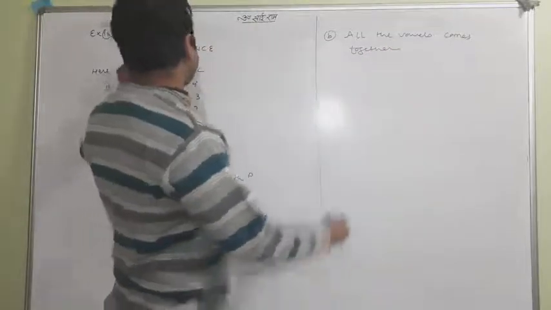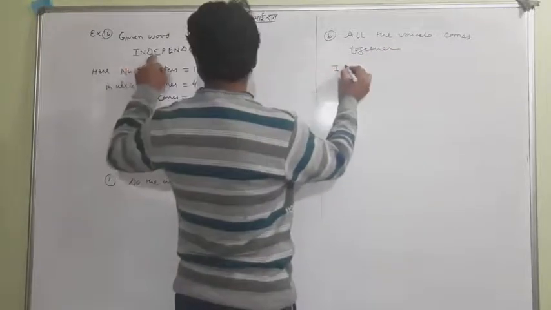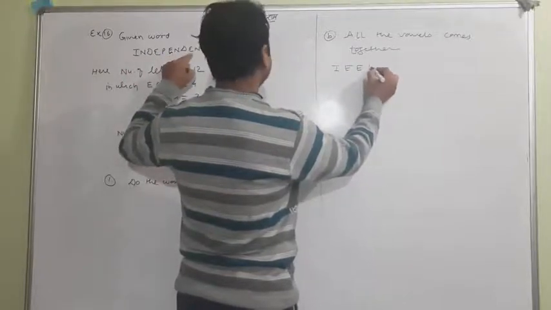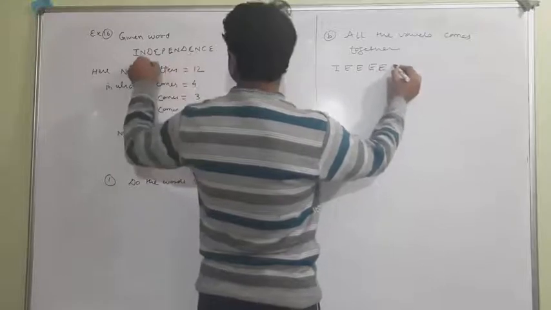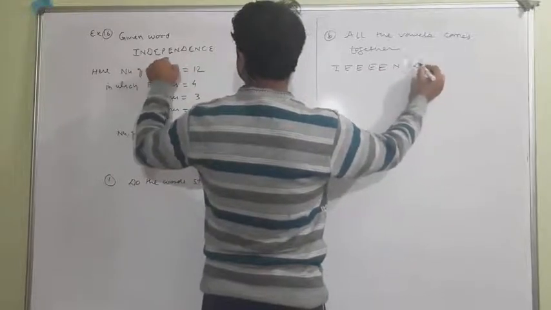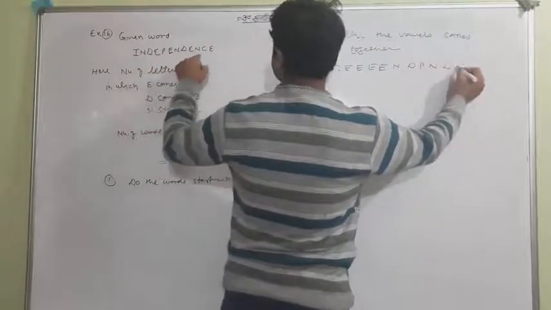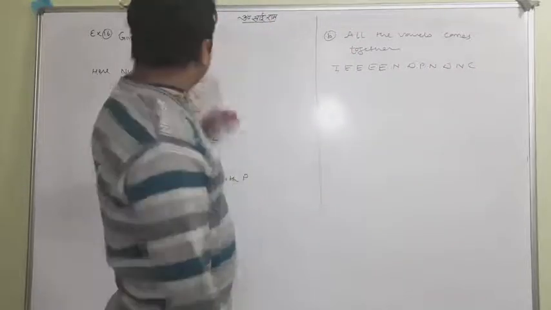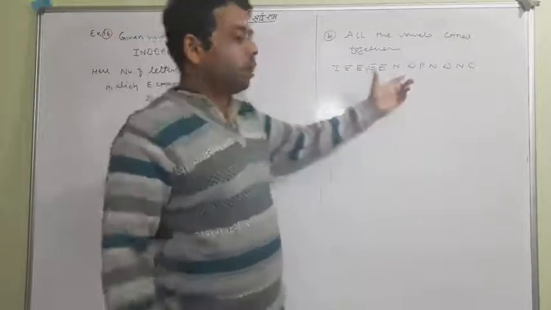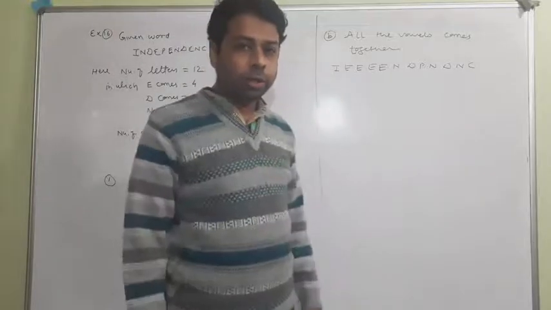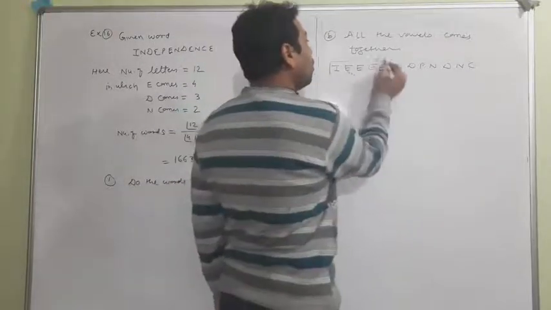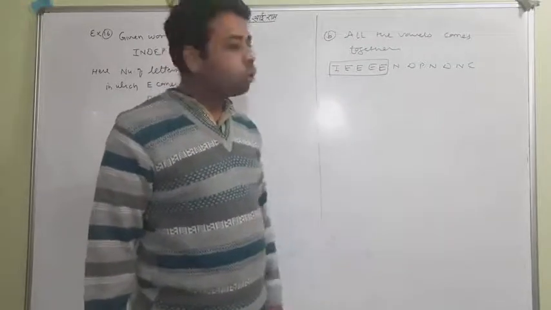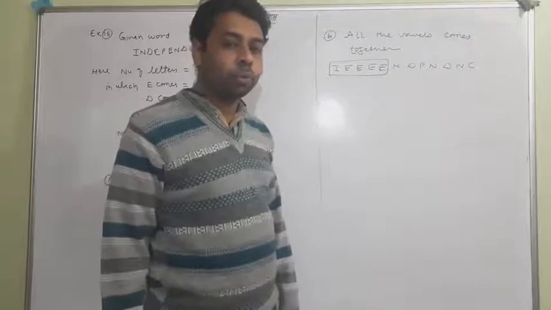I will write I, then E, E, E, E, then N, D, P, N, D, N, C. Actually, I wrote the word in a different order so that I could keep all vowels together. The question says all vowels together, so I don't think it's a tough one, because you know the procedure.